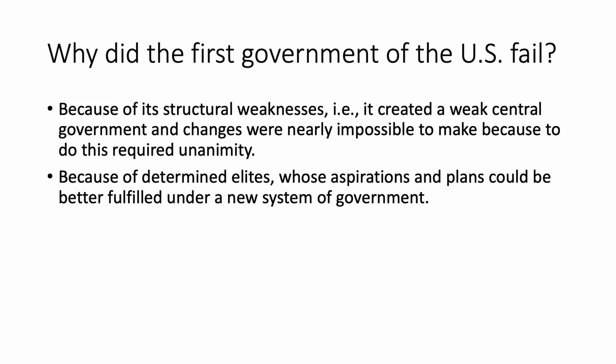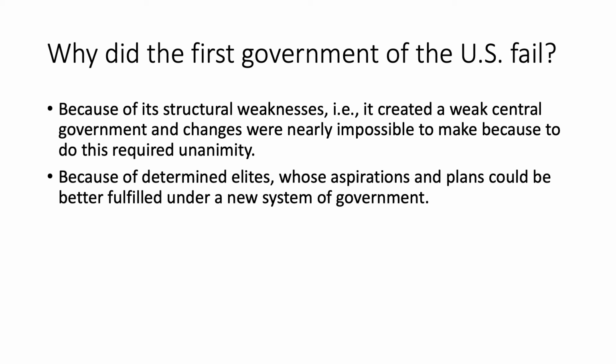So why did the government fail? First, it's the aforementioned weakness of the arrangement. But second, because of determined elites whose aspirations and plans could be better fulfilled under a new system of government.